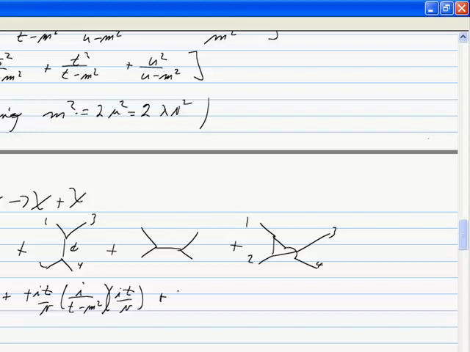And likewise, the next ones come similarly. It's minus i, it's actually i s over v quantity squared, i over s minus m squared, and likewise the last one is u's.